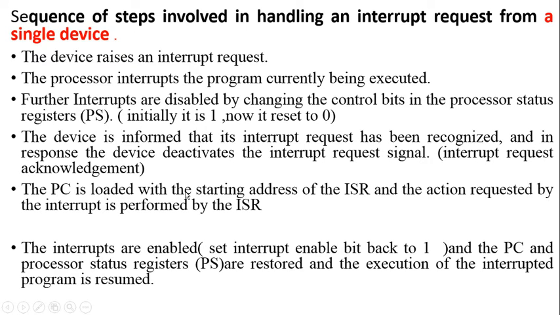The program counter is loaded with the starting address of the interrupt service routine, and the action requested by the interrupt is performed by the interrupt service routine. The interrupts are enabled, that is, set back to 1, and the program counter and the processor status register are restored, and the execution of the interrupted program is resumed.